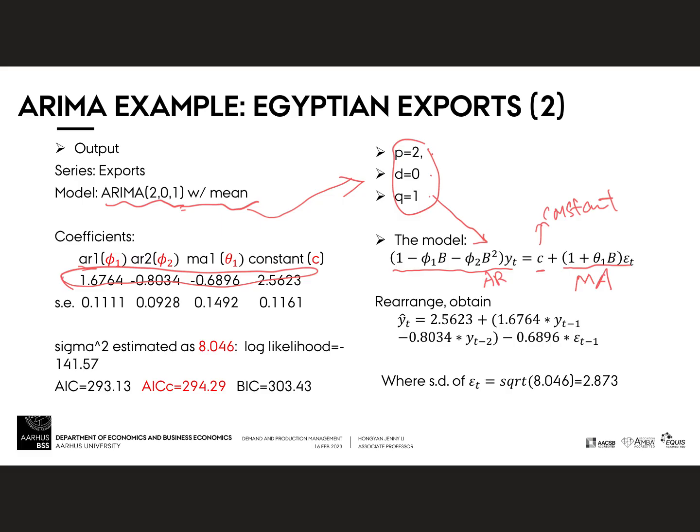Then we replace phi 1 and phi 2 by these different values. The interesting part is here. You open the bracket, and you get 1 times y t, minus phi 1 times B times y t, minus phi 2 B squared y t.